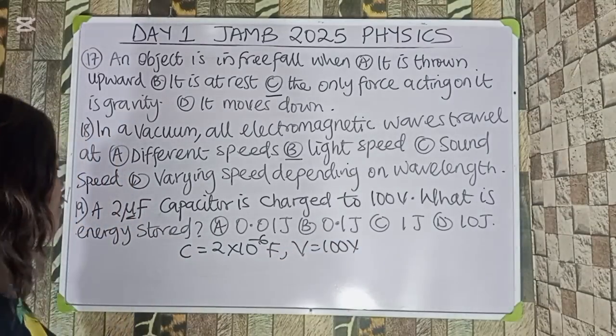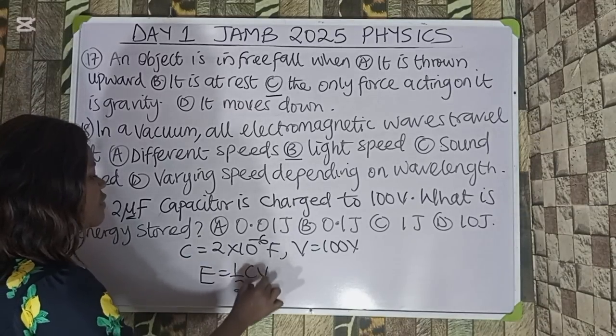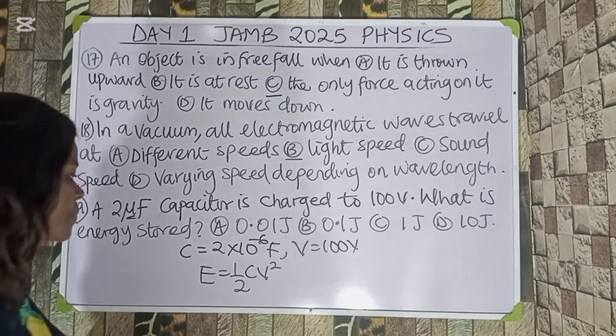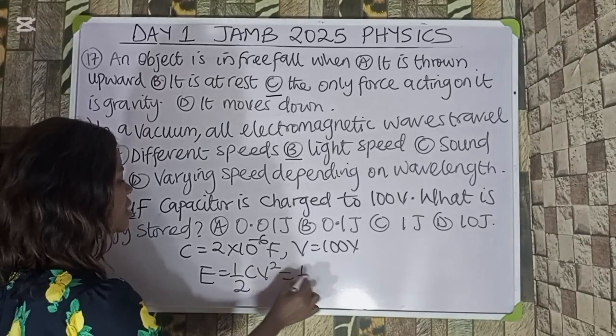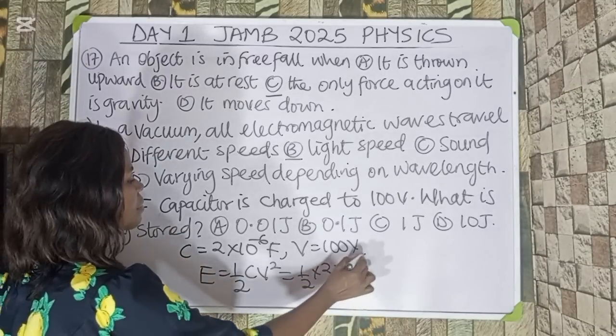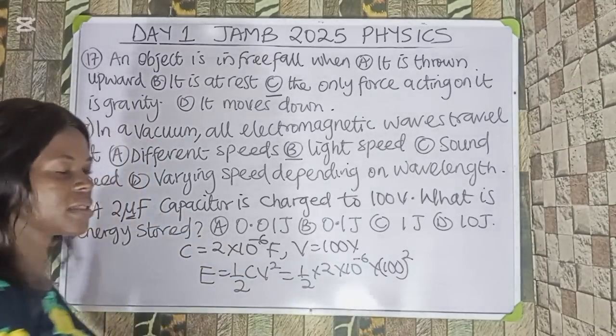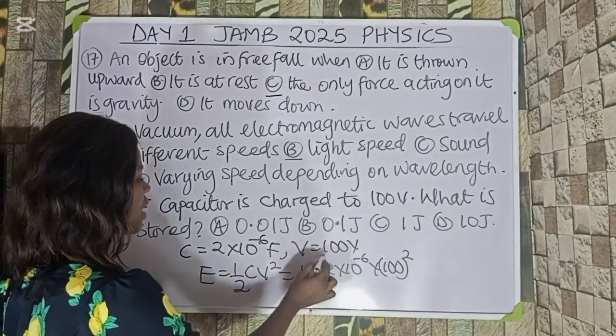Then the formula for the energy stored, E, is equal to half CV squared. So this is half times 2 times 10 to the power of minus 6 times 100 all squared. Now these two cancel, and we have 1.